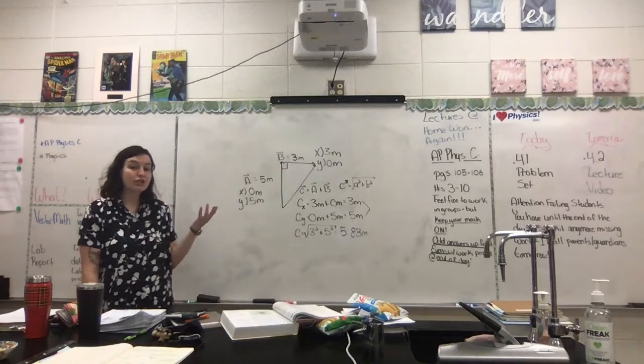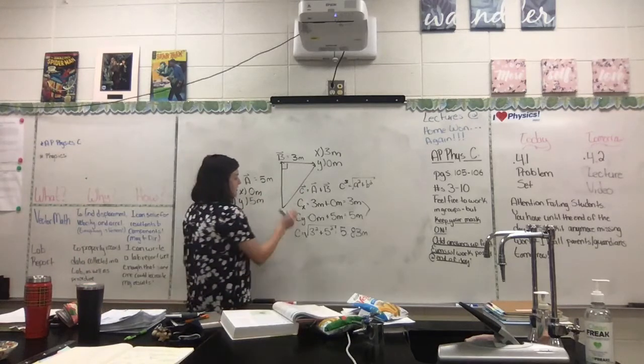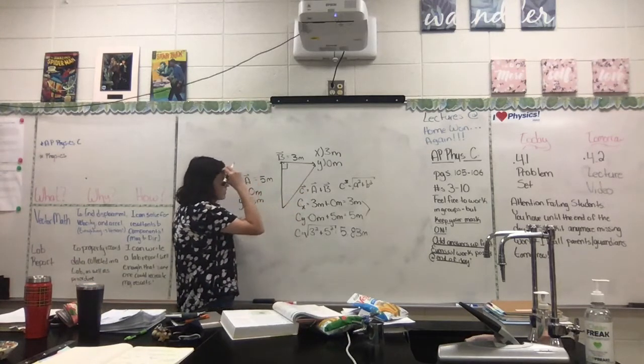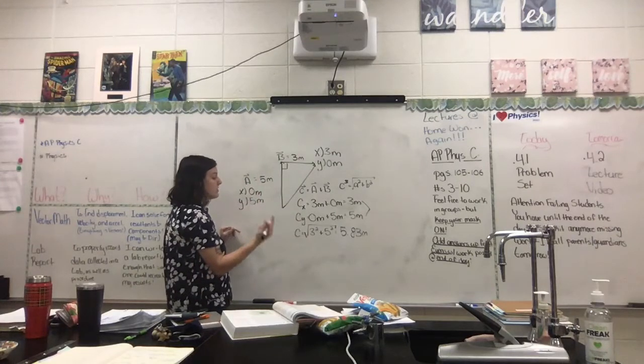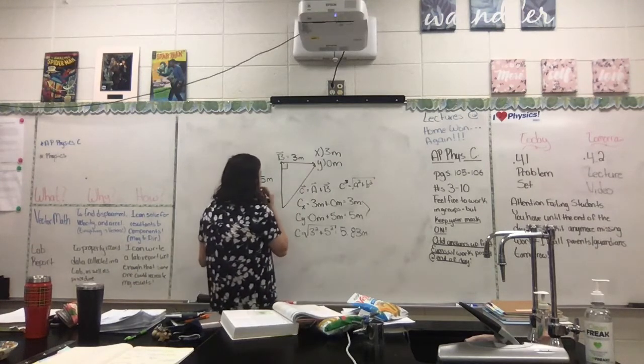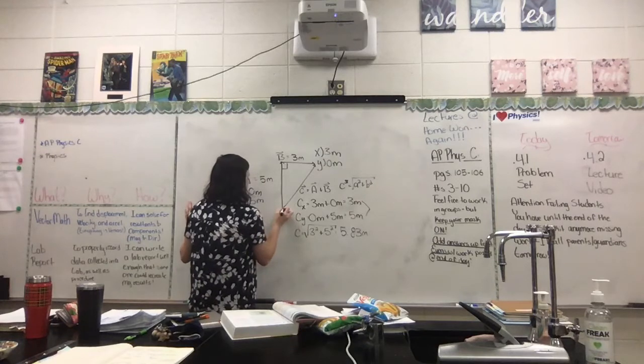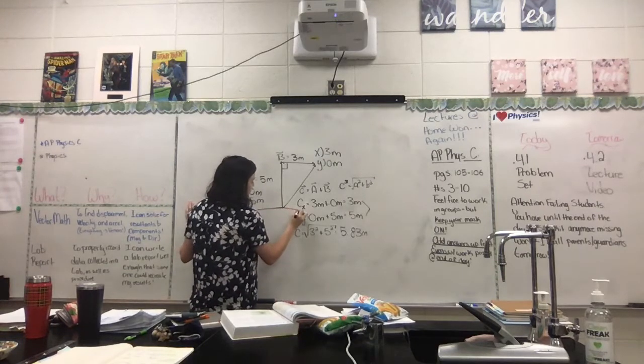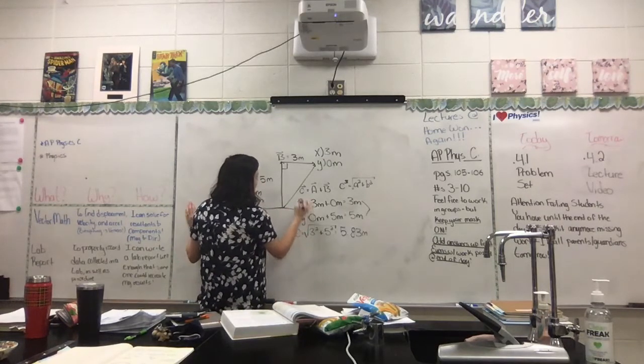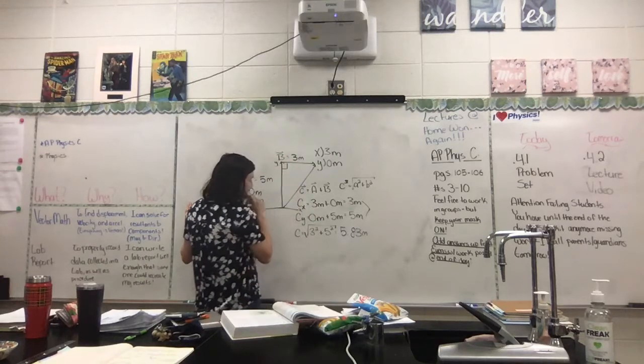Now, all we would need to do is find the direction of vector c. So in order to do that, we are going to look at this as if it were on the xy plane, okay? So this would be our x and this would be our y.